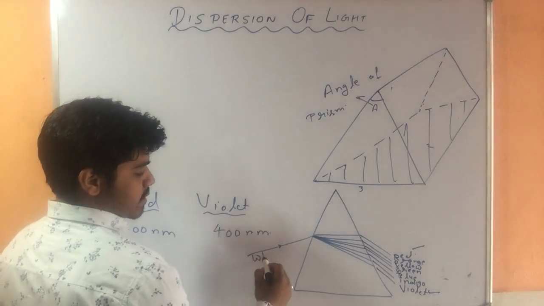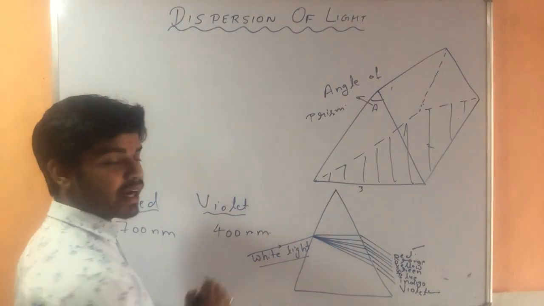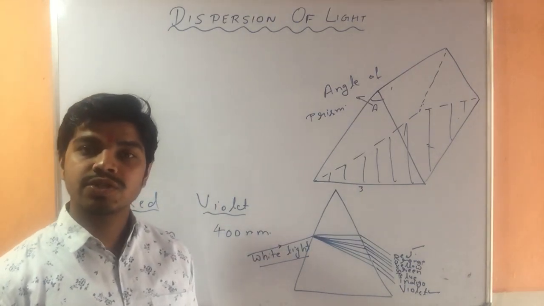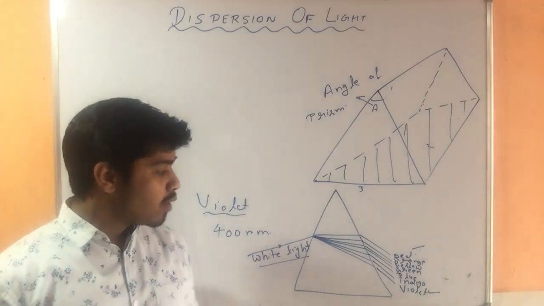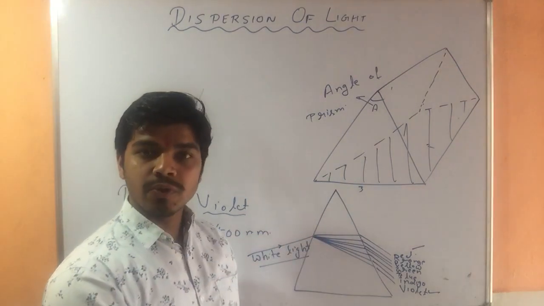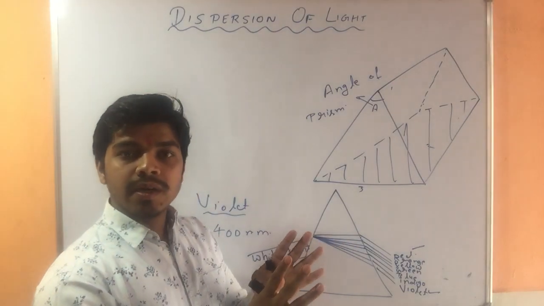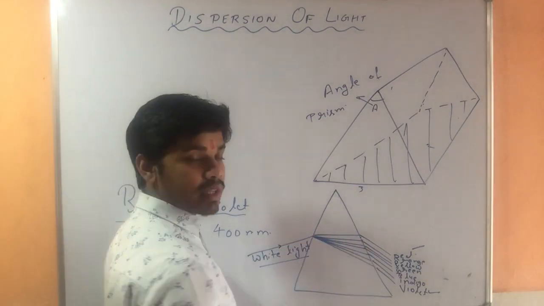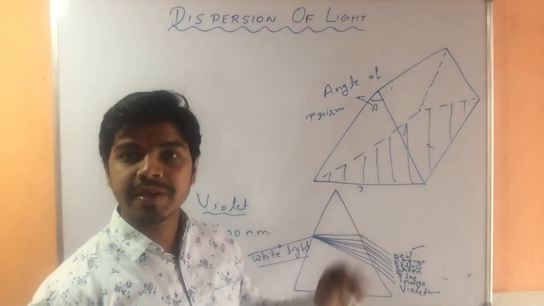So students, we have to know that white light consists of 7 different wavelengths, which after refraction from a prism split into their 7 different parts, which is called our spectrum.